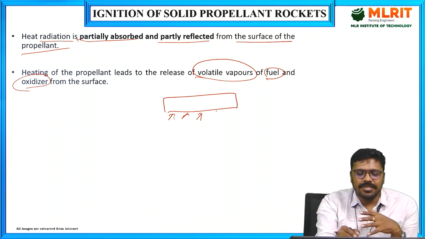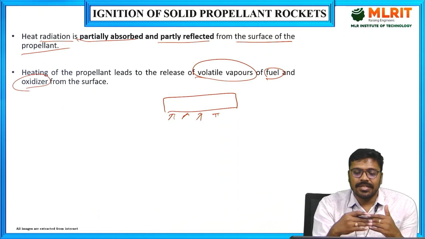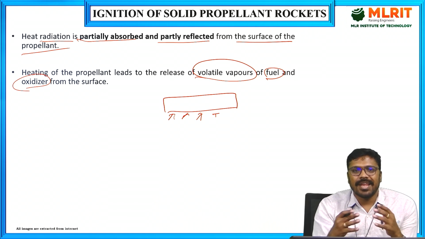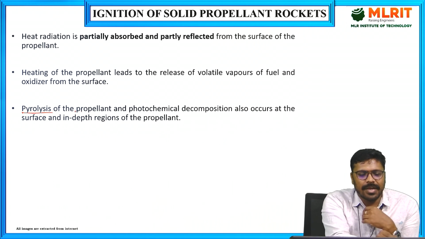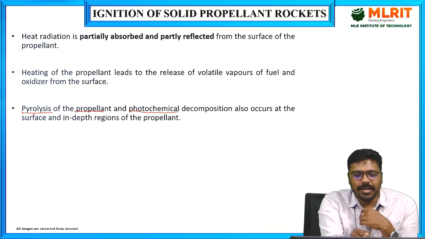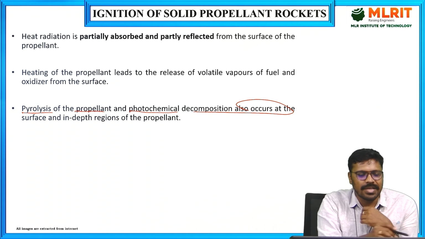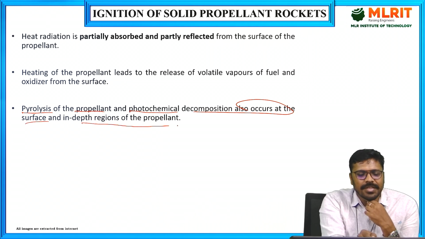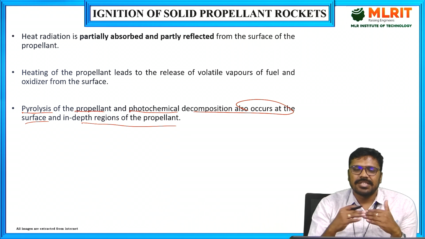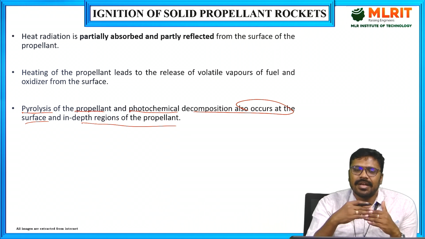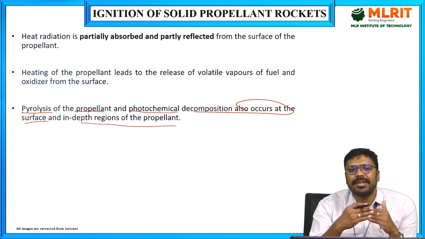So what happens? The temperature in the surroundings nearby the surface will start increasing because of the reaction process. Ultimately, pyrolysis of the propellant and photochemical decomposition also occur at the surface and in-depth regions of the propellant, even in the layers near the propellant grain surface.